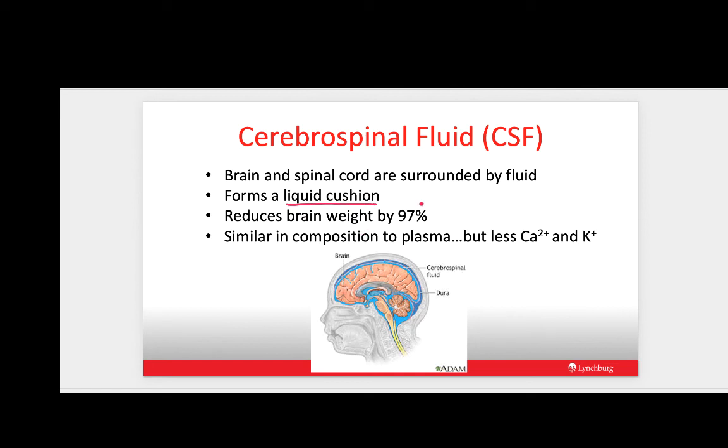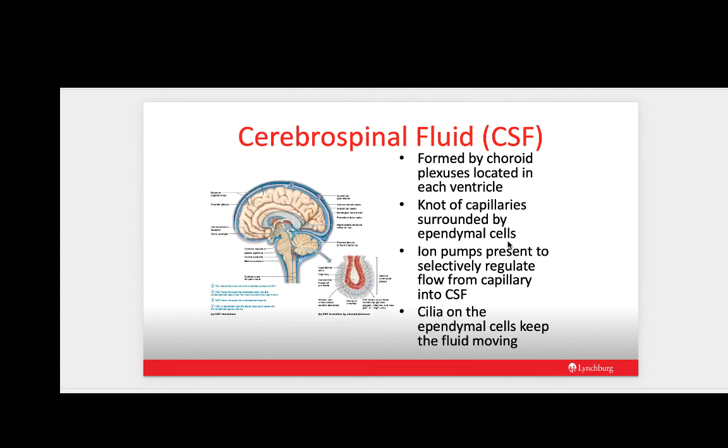So it makes our brain buoyant. Okay, it adds some buoyancy. It reduces our brain weight by 97%. Otherwise, a brain would kind of collapse upon itself with its weight. And basically, cerebrospinal fluid is very similar to plasma, with a little less calcium and potassium included in that.